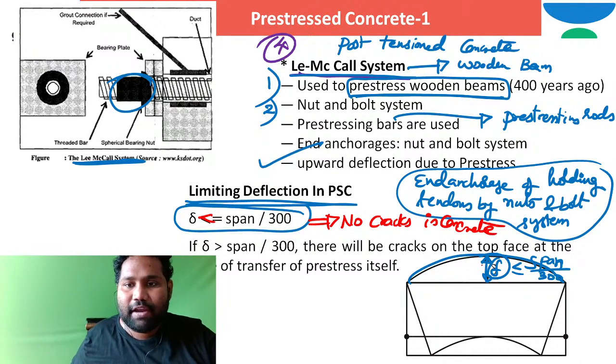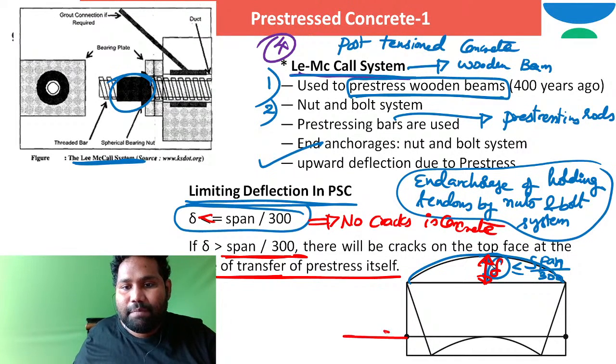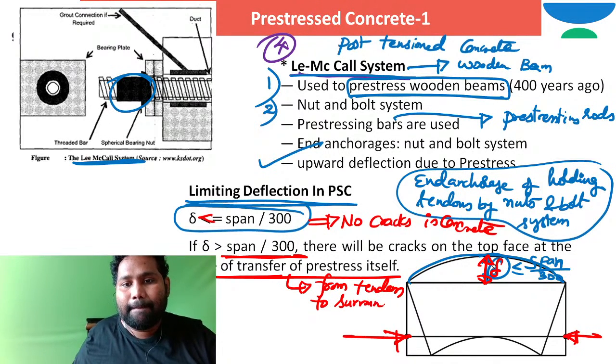For example, if this deflection is more than span by 300, there will be cracks on the top face at the time of transfer of pre-stressing force from the tendon to the surrounding concrete.